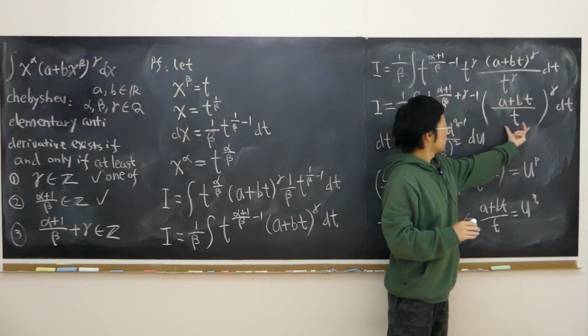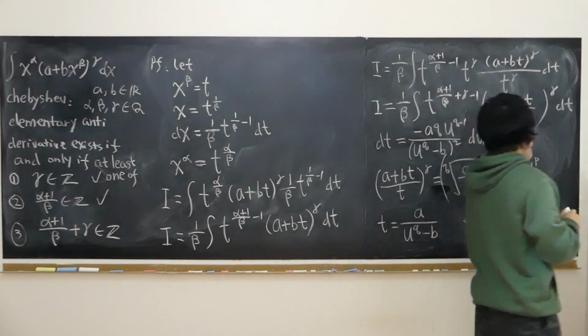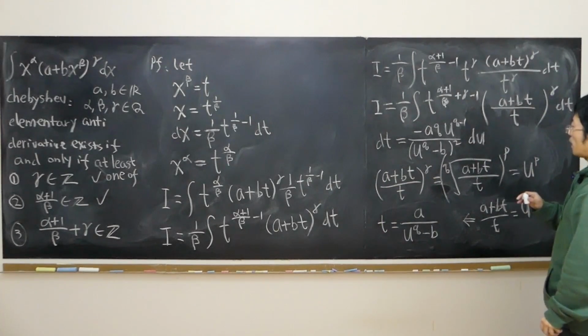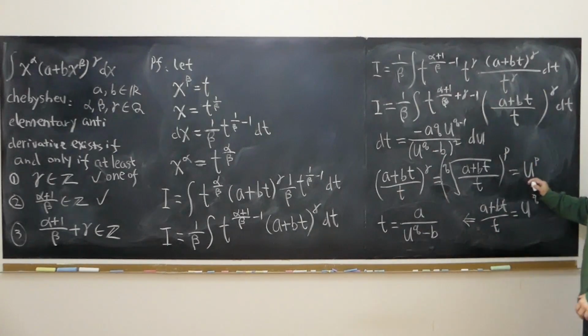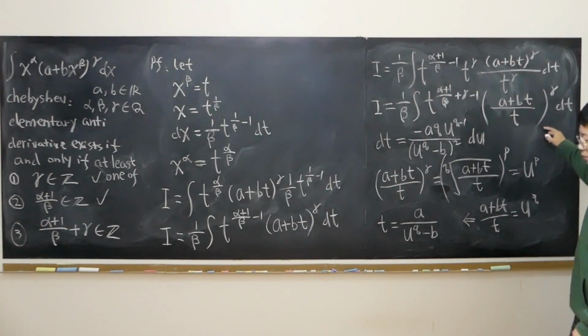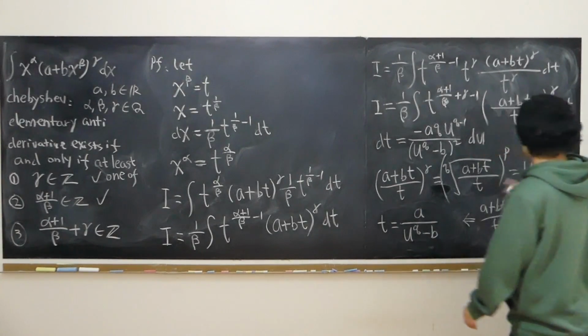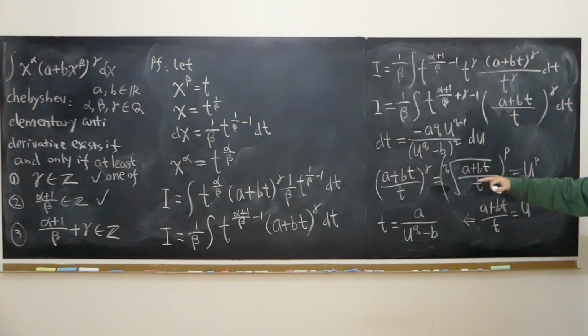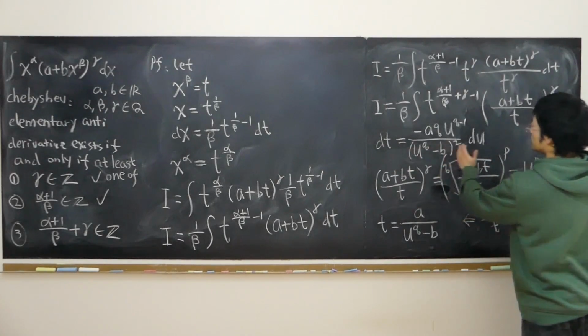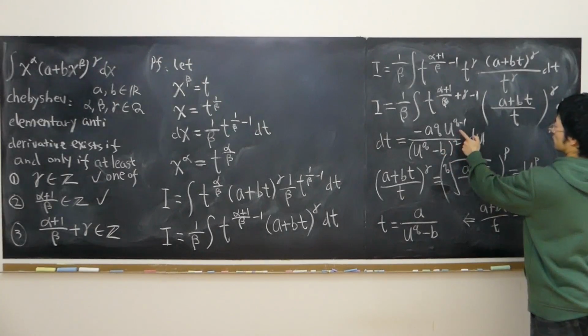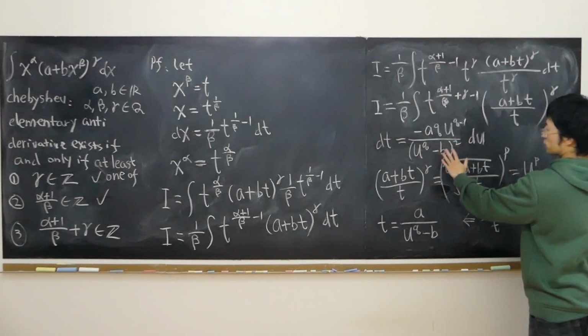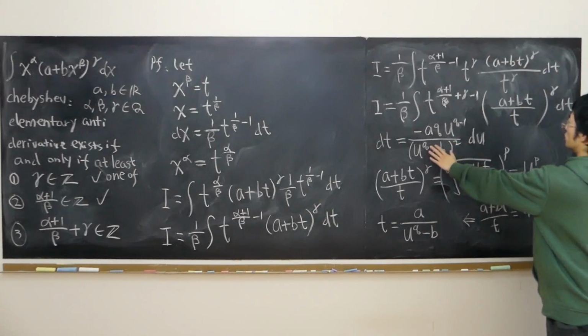How about this term? Like I said, I've represented this term with u to the power of p. So this term automatically becomes u to the power of p, which is, of course, a polynomial. And dt, like I've just solved for dt in terms of u, look at this. Still a rational function in terms of u.